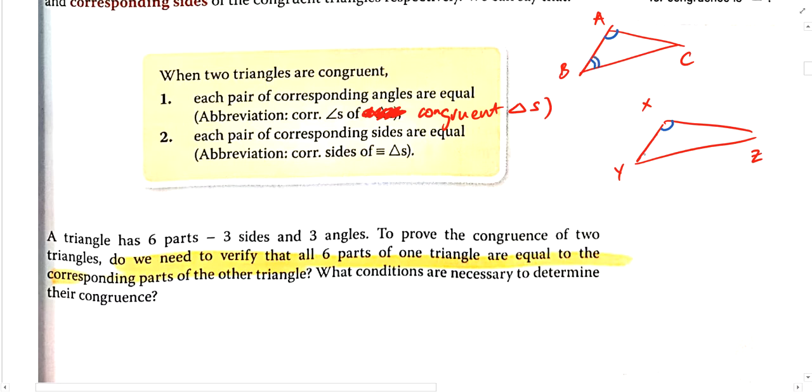Angle B corresponding to angle Y, they have the same angle. And obviously, the last one must be the same because the angle sum of a triangle is 180 degrees. When two angles are the same, the third one must be the same, right? Make sense? Okay, yeah. So, in addition, we say that each pair of corresponding sides are equal.